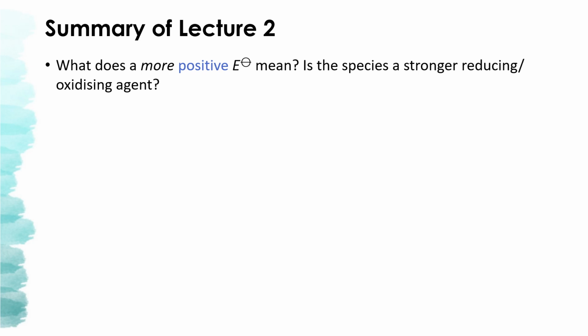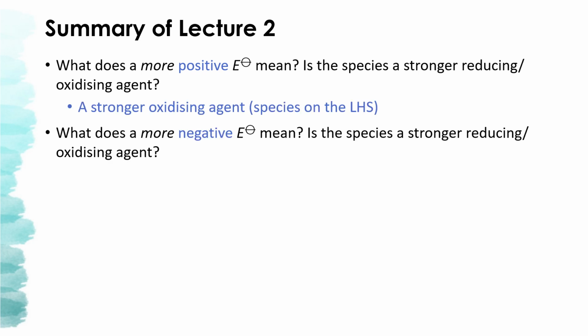So what have we learned today? A more positive electrode potential value will mean that it is more easily reduced, so it will be a strong oxidizing agent. A more negative electrode potential value means that the species is more easily oxidized. It will be a strong reducing agent.